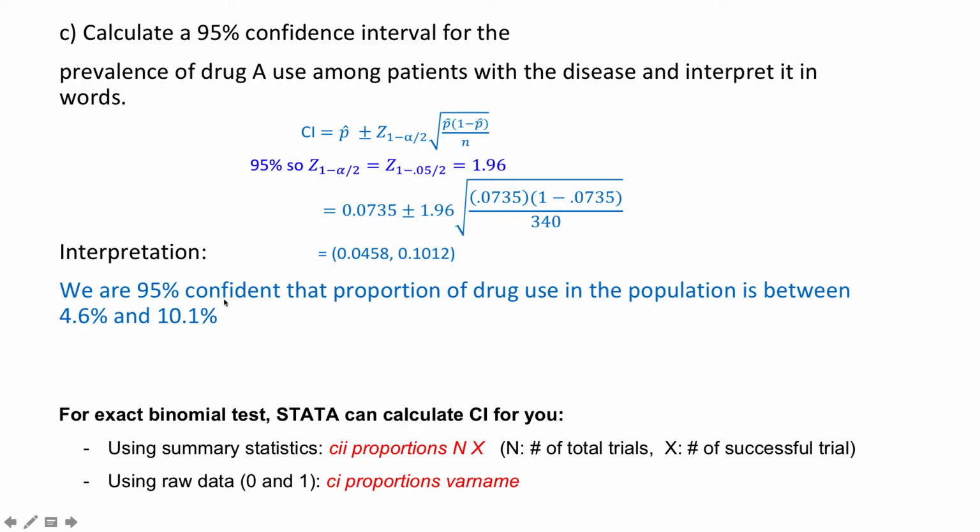And then the interpretation: we are 95% confident that the true proportion is between these two numbers. And for the exact binomial test, Stata can calculate the confidence interval for you. For summary statistics, you use this command, or if you're from raw data, you use this command. Okay.